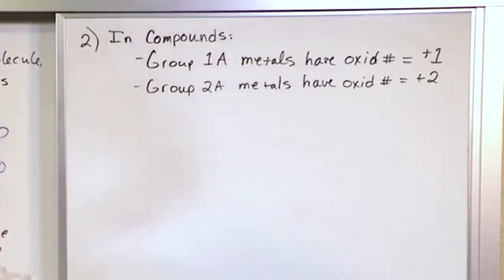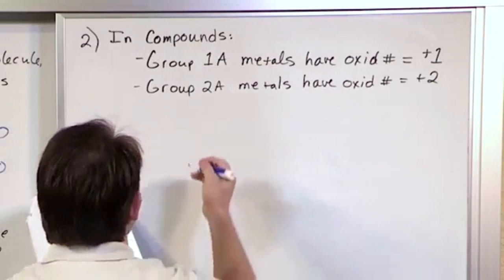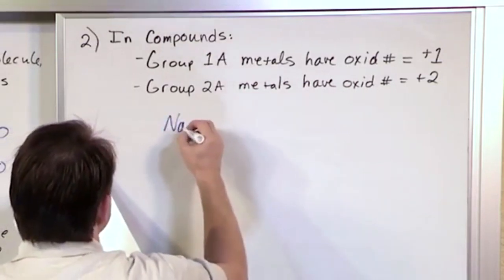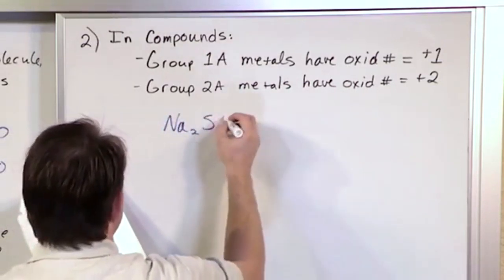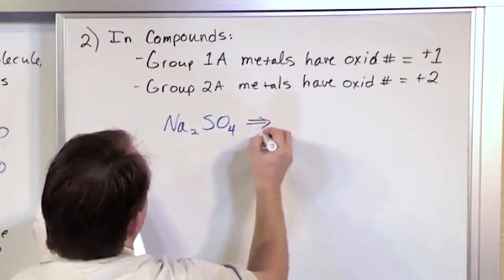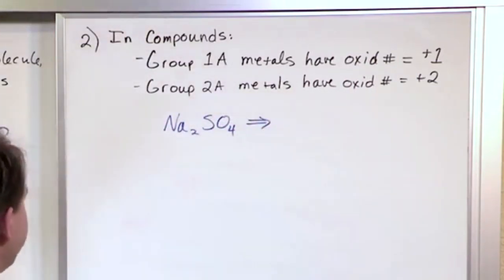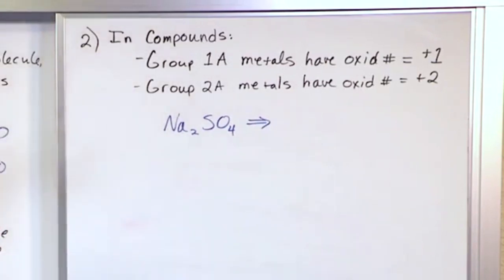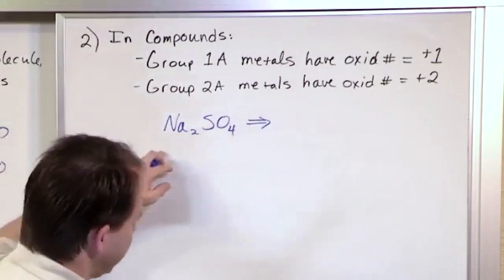So let's give an example. What if I have sodium sulfate, Na2SO4? When I look at this, I'm going in priority order. This is a neutral compound, Na2SO4.